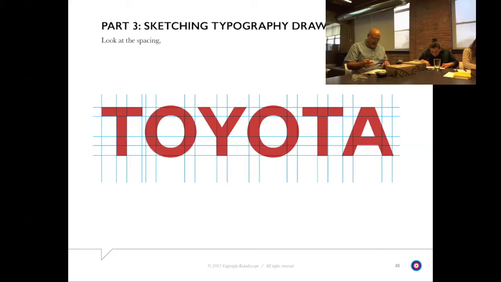But if you think about this logo, I mean, it's pretty boring. It's pretty not adventurous. And these are all things that are Toyota, you know? So for them, this is like a perfect logo.